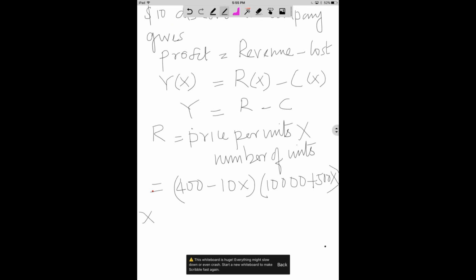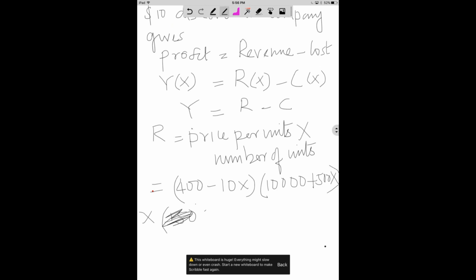So now, that is a mistake. Times 150, no, we don't need that. So revenue we already found: that is 400 minus 10x times 10,000 plus 500x. Now we are going to find out the cost of production.